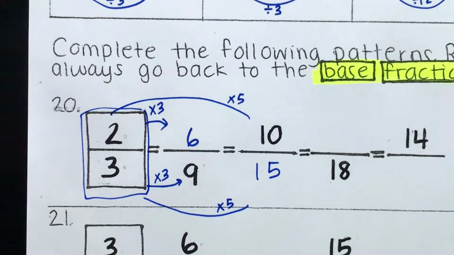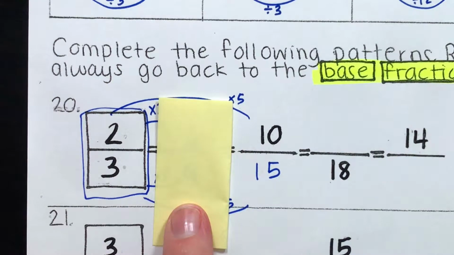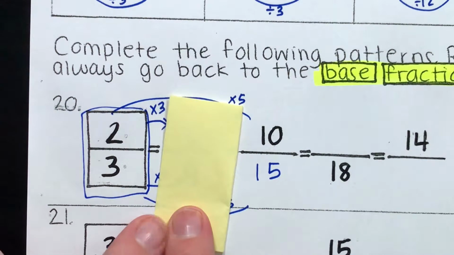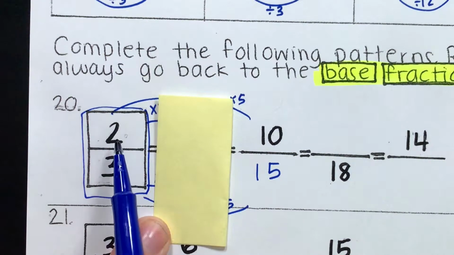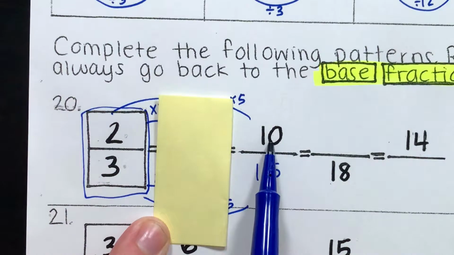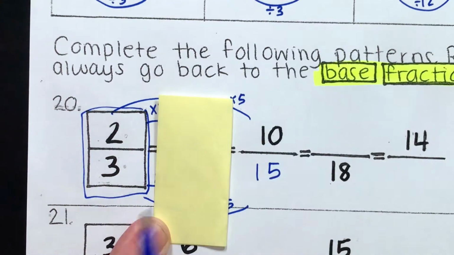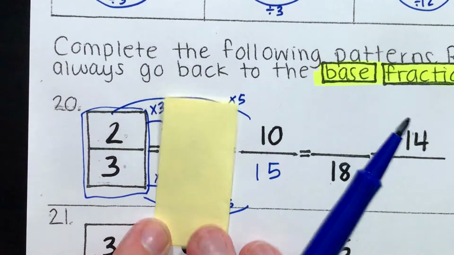If you really have a hard time with this, you may even want to cover up the fractions that you've already done, in order to get the next fraction done. So you want to pretend that one does not exist. Go back to your base fraction and find the connection. Just like what we did up at the top, you're just finding the connection for each one.